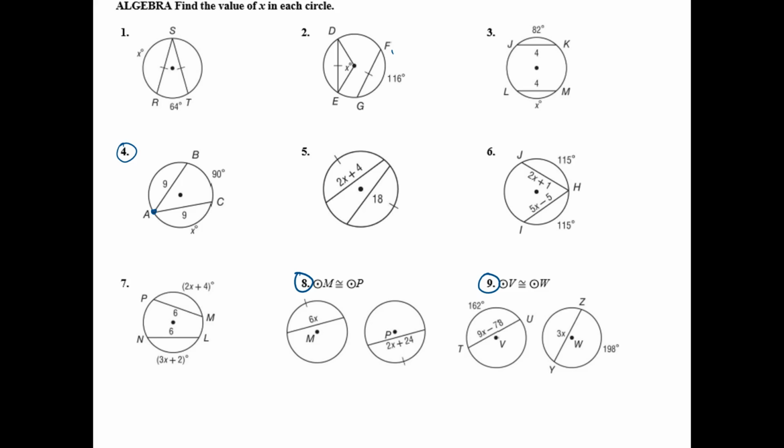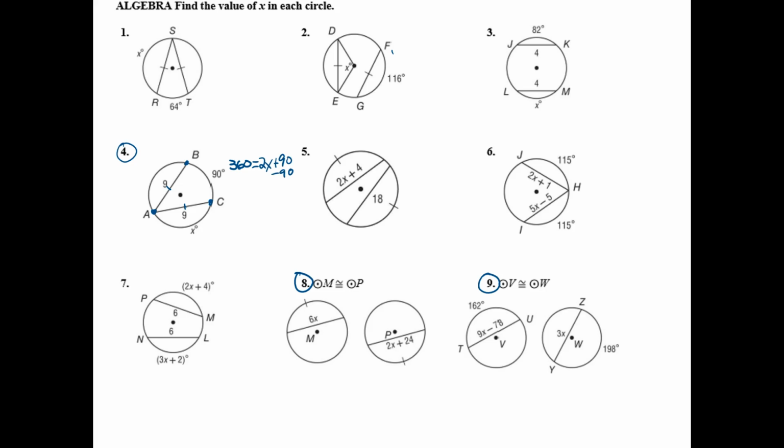I've got chord AC is congruent to chord AB according to the measures they gave me here. So I know that 360 degrees is equal to 2x plus 90 degrees.